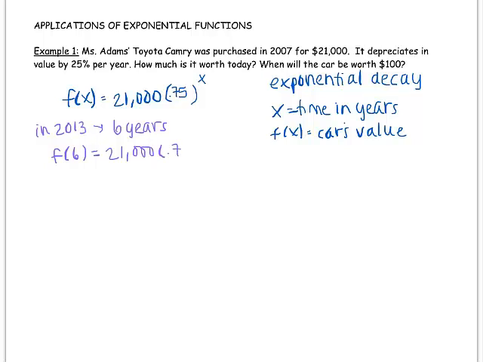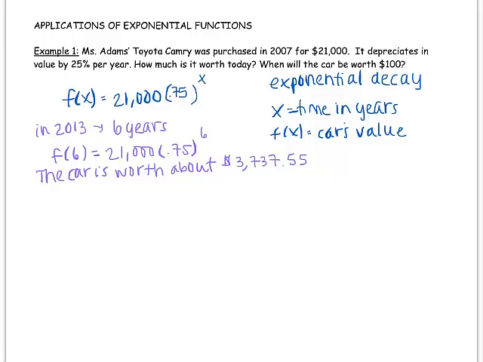So 21,000 times 0.75 to the 6th power. And if I do that on my calculator, that tells me that the car is worth about, because we're probably going to be rounding some decimal, $3,737.55.